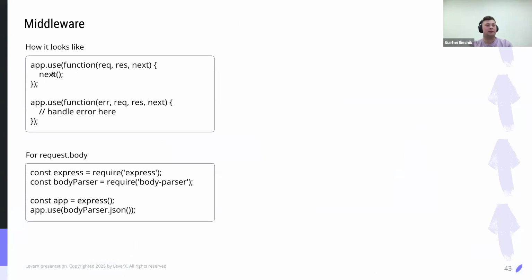So you just declare them by using the use method, and you receive pretty much similar payload as in your endpoint: request object, response object, and the new object, the next object. What is next? Next is a function which you would need to call in the end of your middleware, because this function invokes the next middleware in your middleware chain.